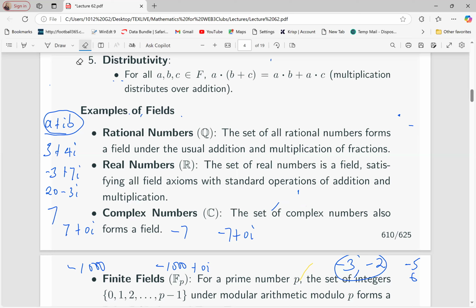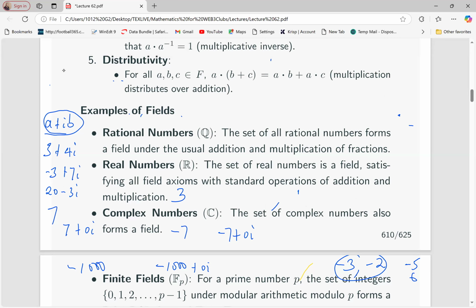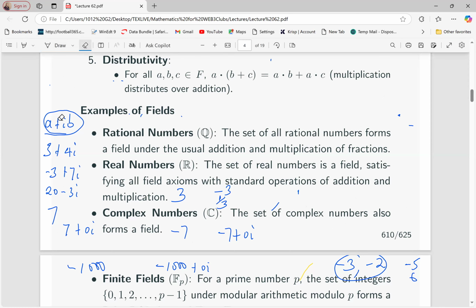For instance, let me take this complex number, 3. Its additive inverse is -3, which is a complex number, and its multiplicative inverse is a third, which is also a complex number.